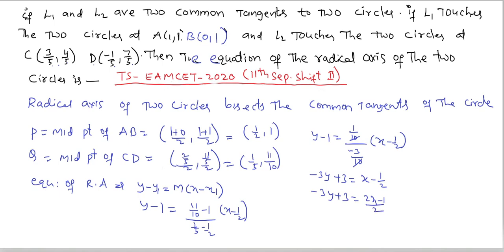Again cross multiplying, the equation of the radical axis is 2x plus 6y minus 7 equals 0.